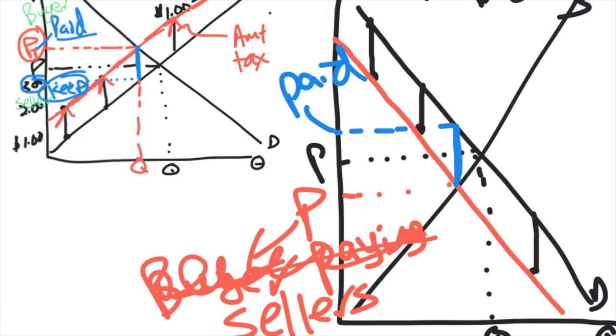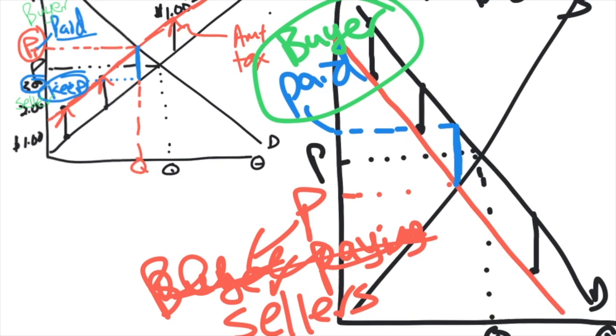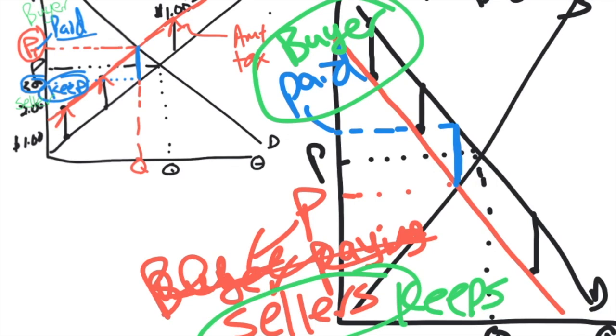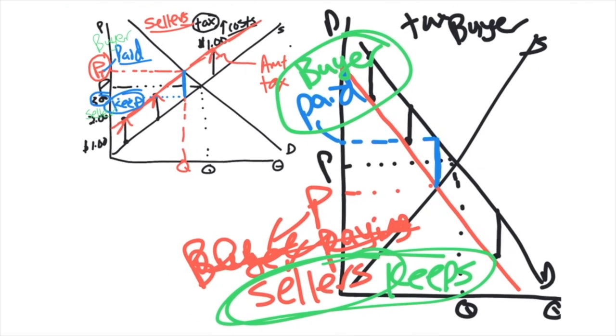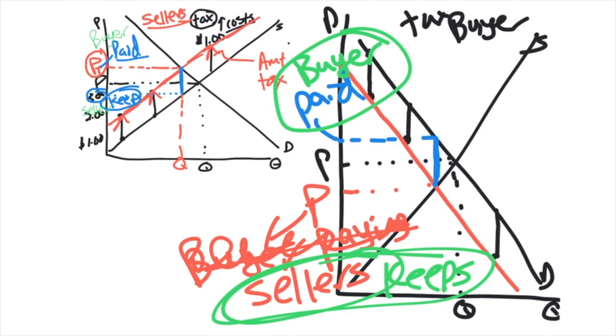If we look at this again, this is what the buyer paid with the tax and everything. And down here, this is what the seller keeps, because that's what they got paid before the tax was implemented. If we compare these two, I know one is much bigger than the other, but let's look at it.